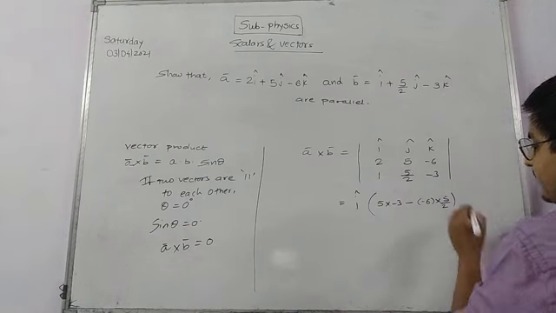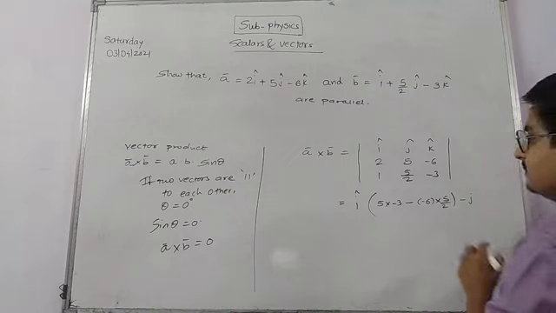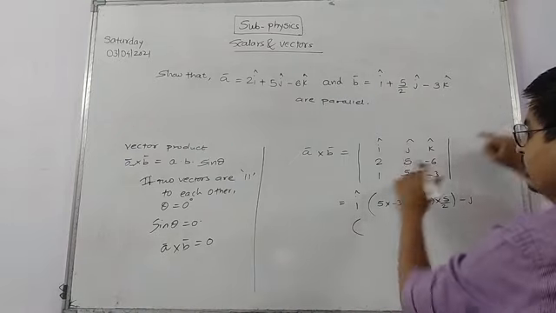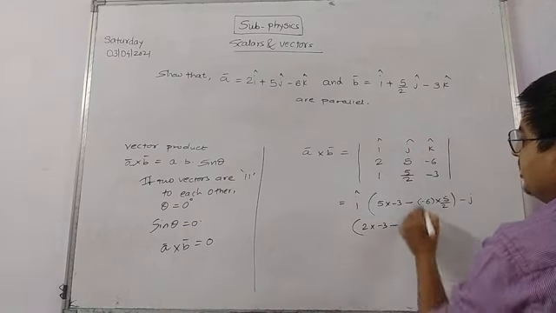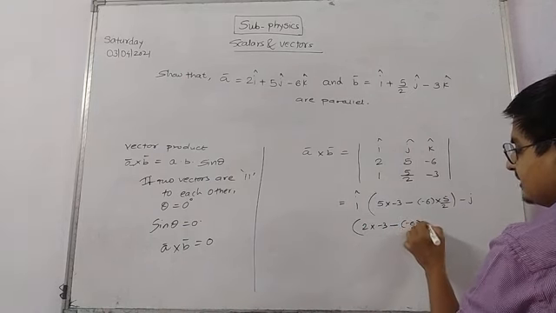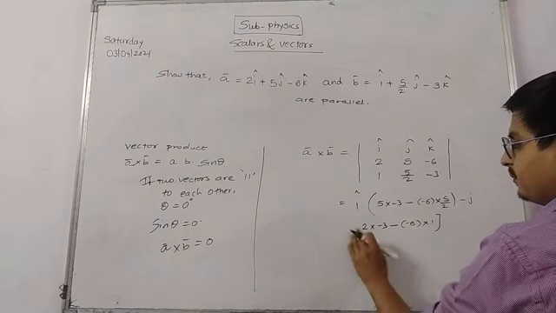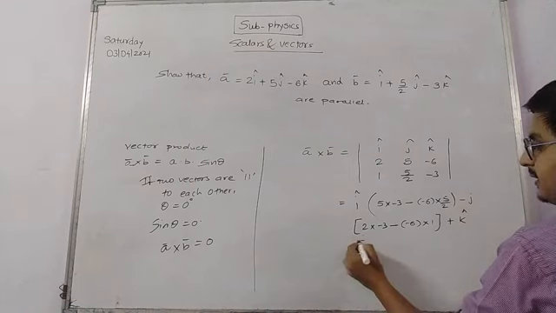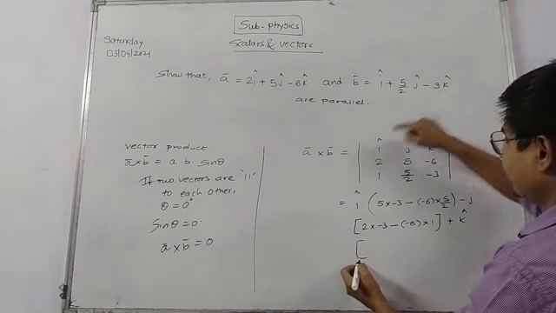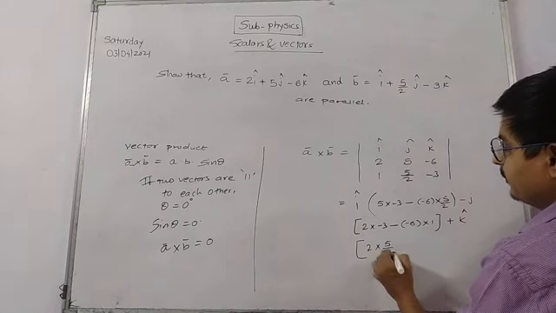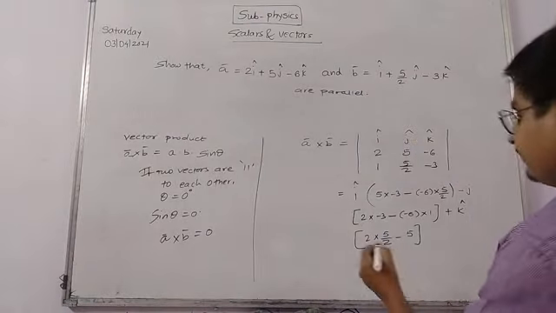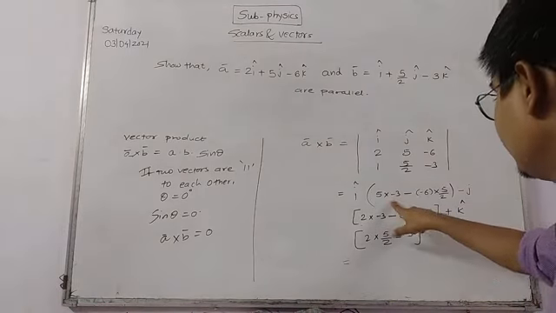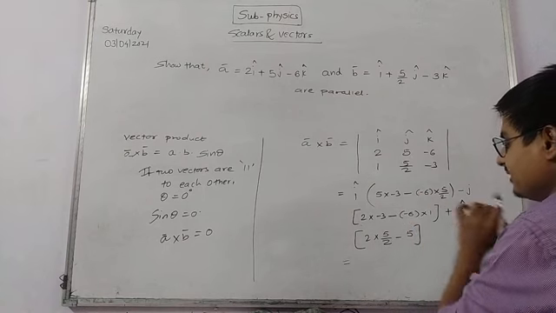ये हो जाएगा i के, माइनस j bar ये रो और ये कॉलम छोड़ के 2 into -3 minus of -6 into 1, and last k bar, ये रो और ये कॉलम छोड़ो, 2 into 5 by 2. So here 5 into -3 will be -15 and if you see minus will become plus.